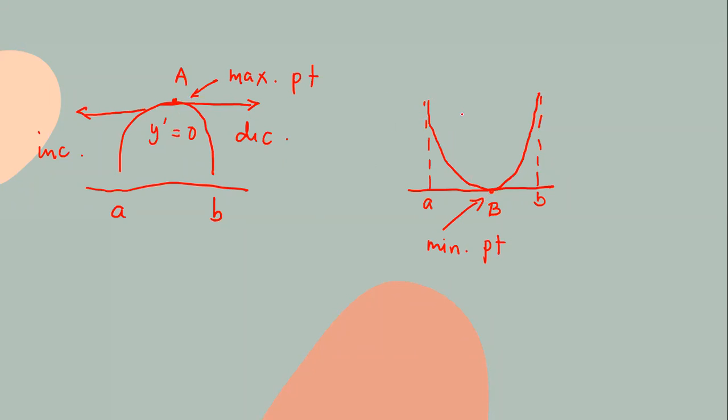Here, decreasing kasi pababa siya, di ba? And then, from this point up to that point, we have increasing. Okay. Note, at the maximum or minimum point, A and B, we have horizontal tangent lines, your y prime is equal to 0.